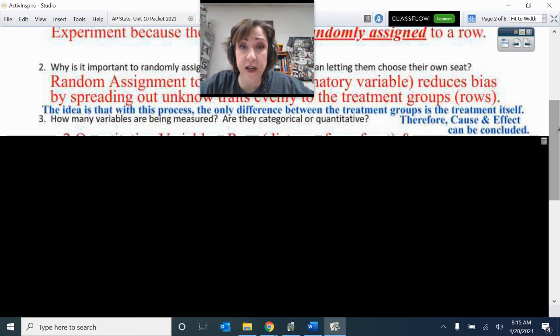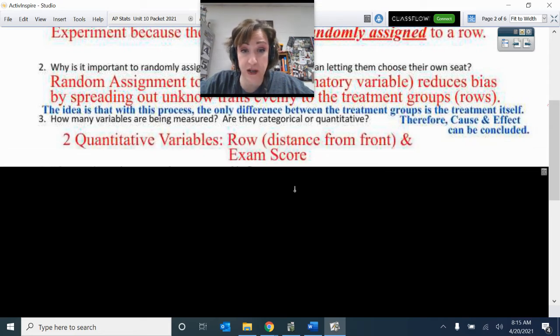All right, how many variables were being measured here? Are they categorical or quantitative? Well, we kind of already talked about that. 2 quantitative variables. Again, I mentioned earlier why we're considering row a quantity because it is a measurement of that distance. Now, it's discrete, not continuous. It could be continuous because have you seen the desks in my room?